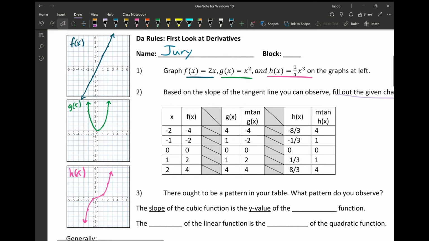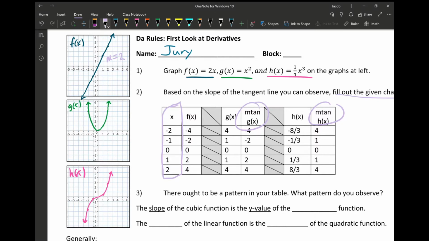So if we're reading this chart, it's already filled out, but if we're reading this chart, the x values are static, and it's the slopes that change. We're not given the slopes of the original of f of x because the slope is just 2 for this first graph. The slope is just 2.